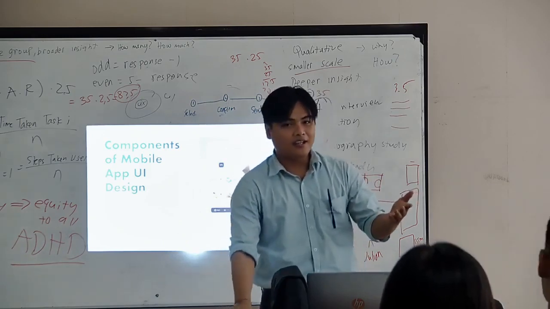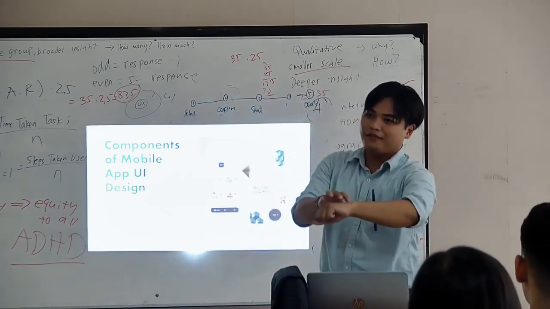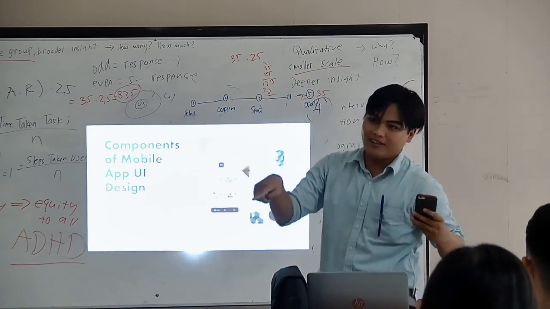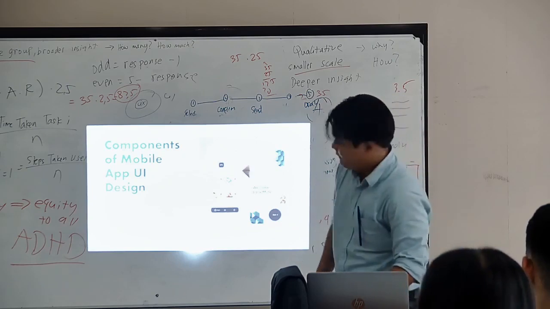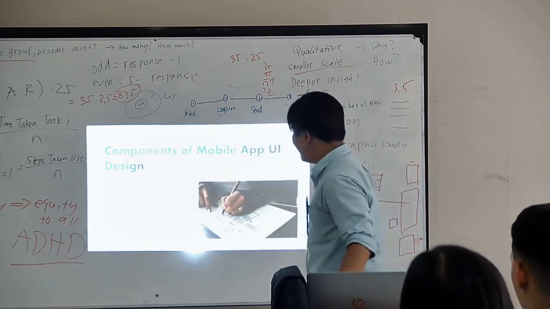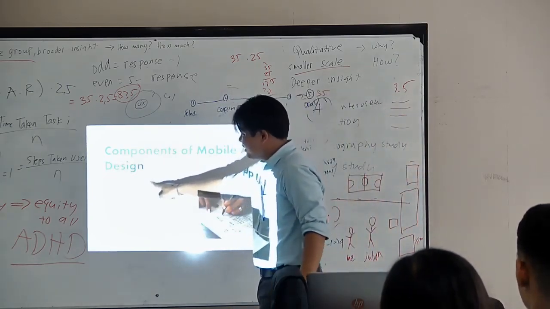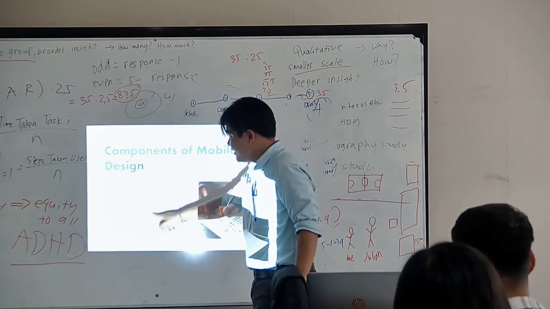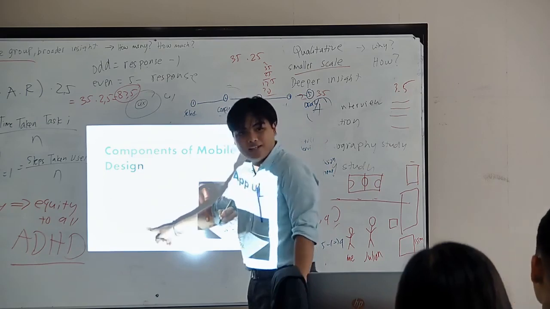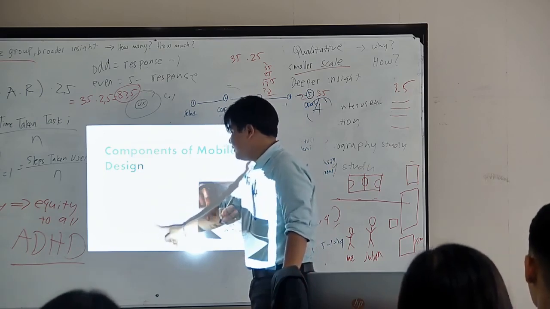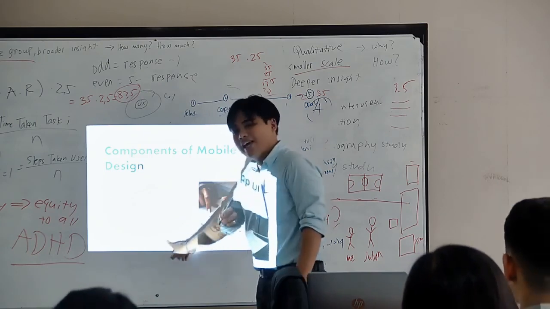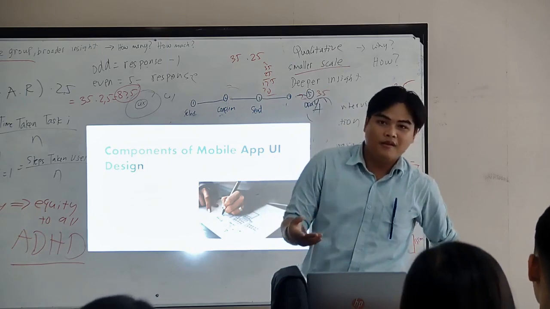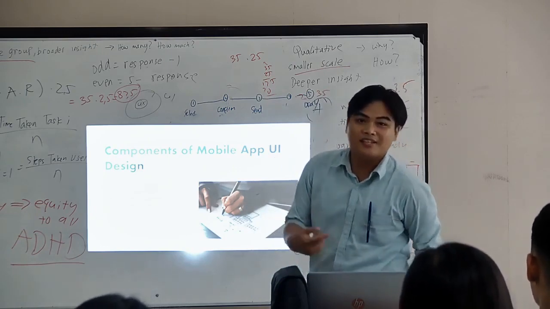Components of UI design in wearable devices and phones are really different. Even in the phone and tablet is really different. So the components are visual elements, user interface controls, navigation patterns, feedback, gesture, accessibility, branding and theming, animation, transition, and error handling. Error handling is like frequently asked questions, customer service, chatbot.